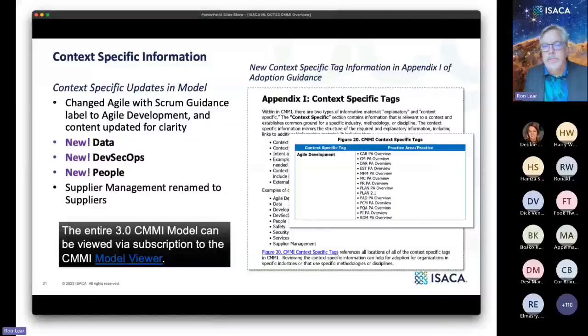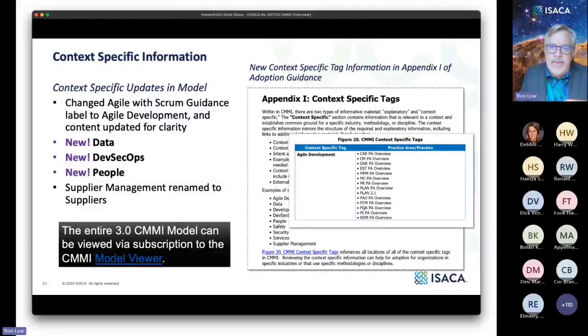All right, so just to give you a lot of little other things, just highlighting some of the stuff that we've done. We completely overhauled the Agile with Scrum guidance we had in the previous version in 2.0. We got a lot of feedback from users that Agile with Scrum was too specific. They wanted more of a generic approach to overall Agile methodology and development. So we made fairly significant changes across the board. But while we were doing that, we also added DevSecOps.